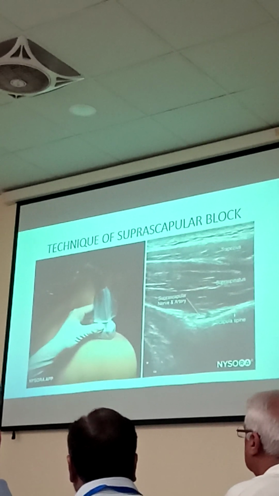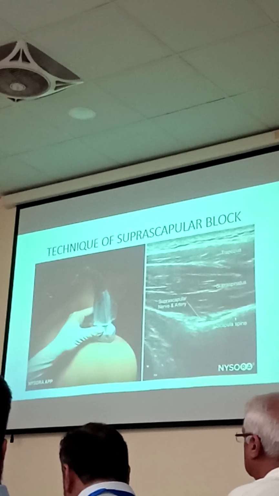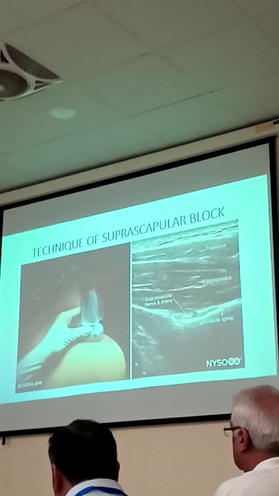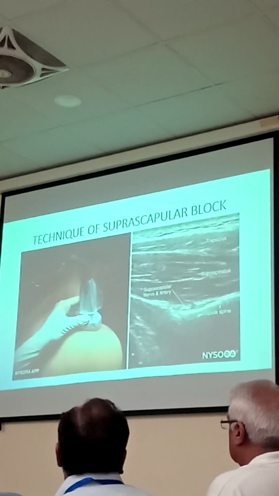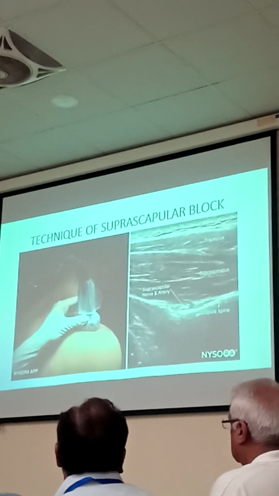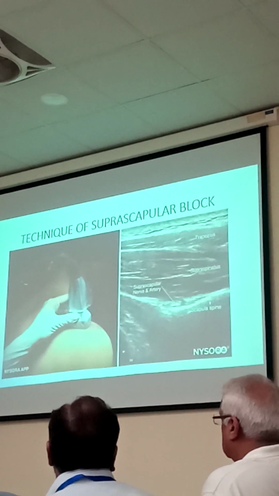We can identify the structures: the trapezius and supraspinatus muscles, and the spine of the scapula with the groove, and the nerve and the artery. So we will be practicing these things in the practice session, and we'll be discussing in detail there.